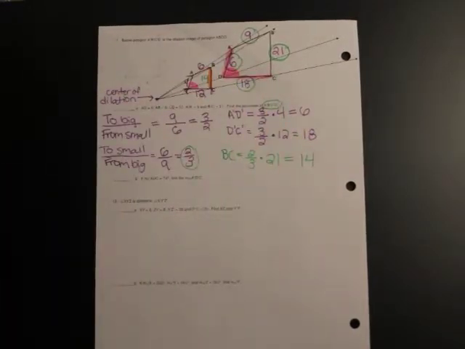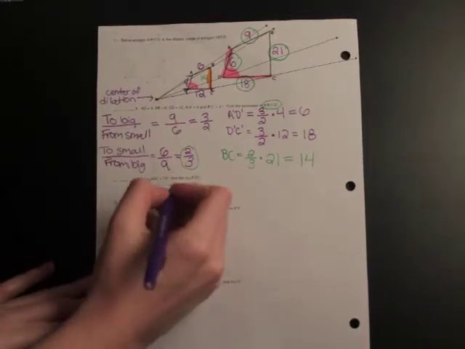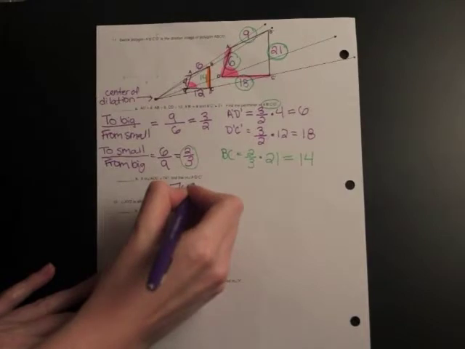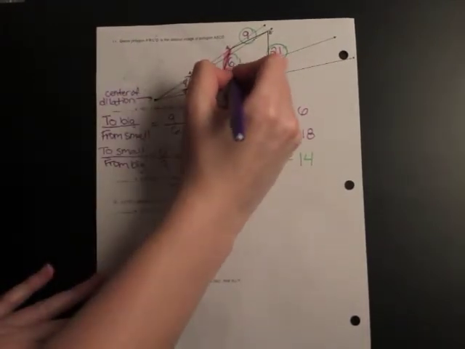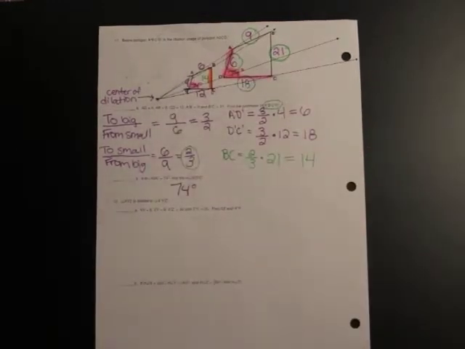Okay, so you have to think back to what we said on that front side. What did we say about corresponding angles when we do dilation? They are always going to be congruent. So even though it started out at 74 degrees, that doesn't mean that it's going to change just because we dilate it. It's still going to be 74 degrees. Both of these angles are 74 degrees.